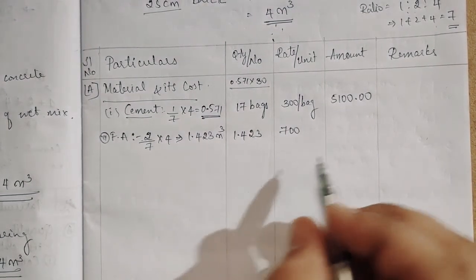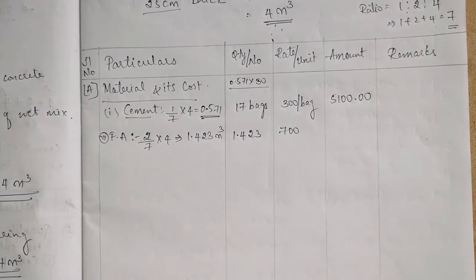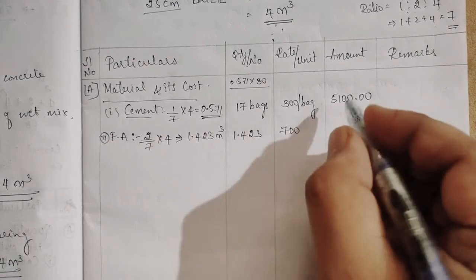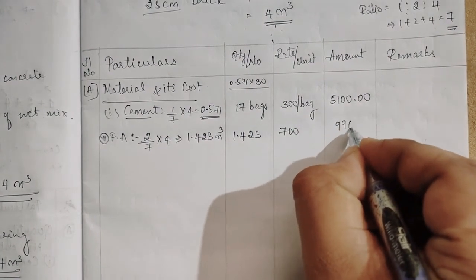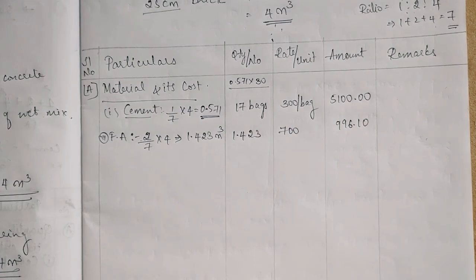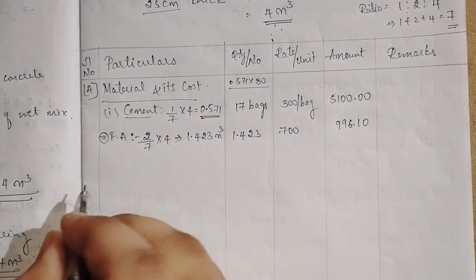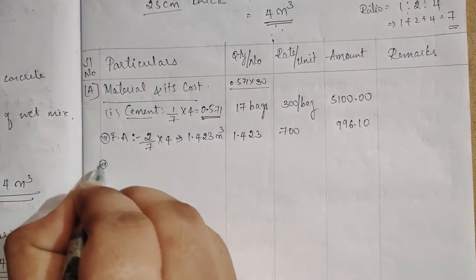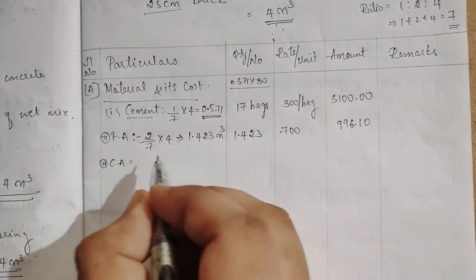I took 700, so 700 into 1.423 you will get 996.10. Now third one is coarse aggregate.